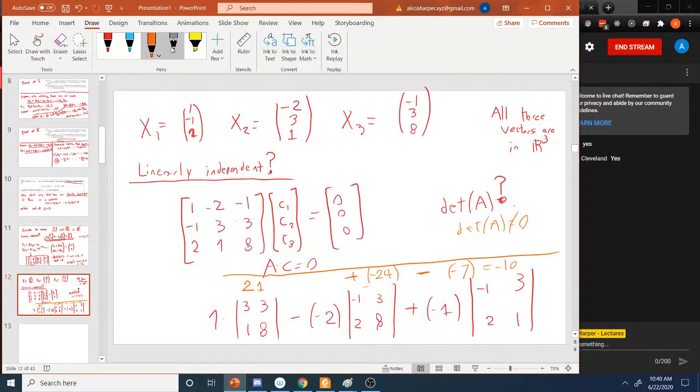Which means that this has a unique solution. And that unique solution is C1, C2, C3 equal to 0, 0, 0. And so these three vectors are, in fact, linearly dependent. Okay.